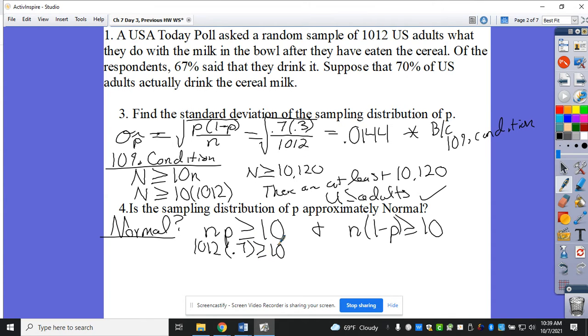Which gives me 708.4. And this one, I'm doing 1,012 times 0.3, which gives me 303.6.